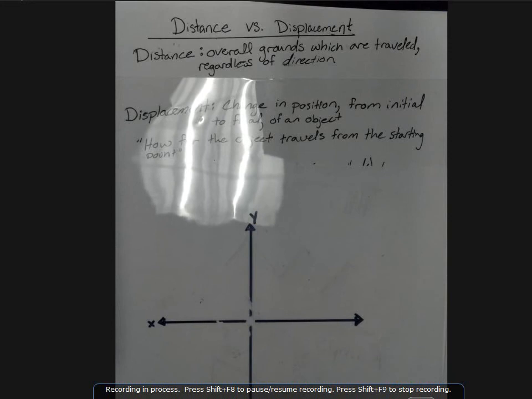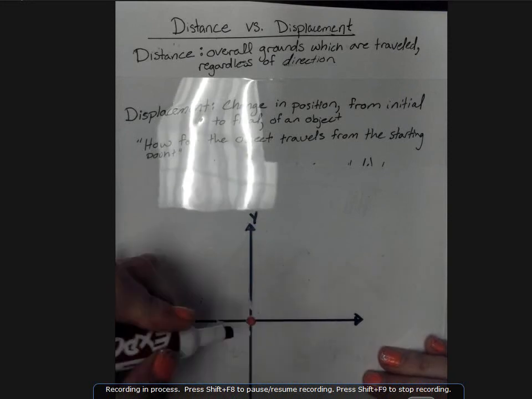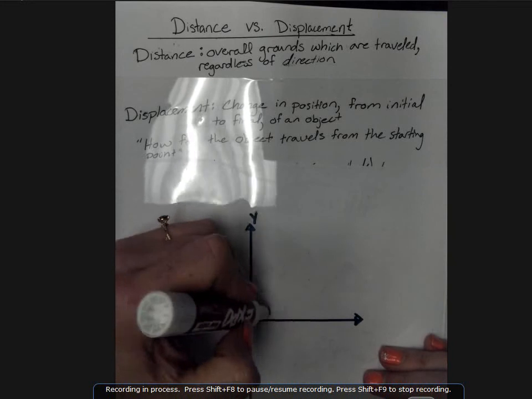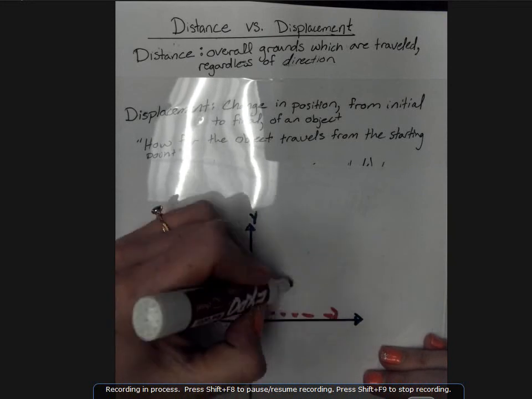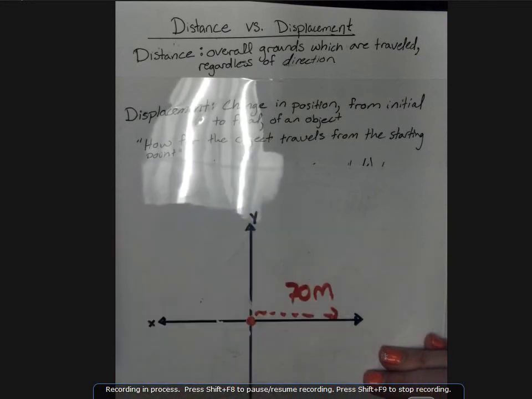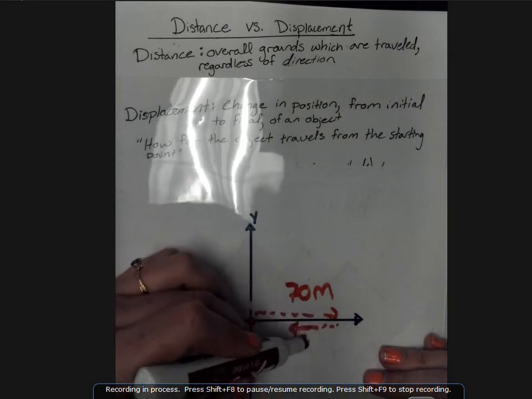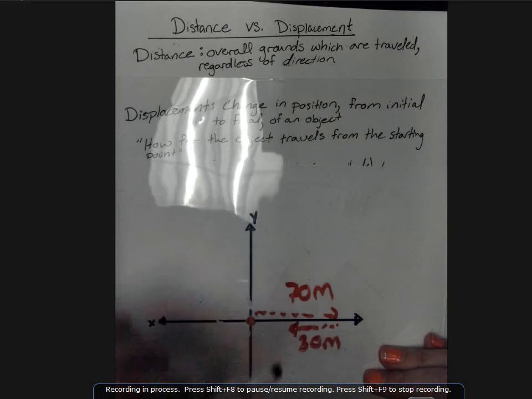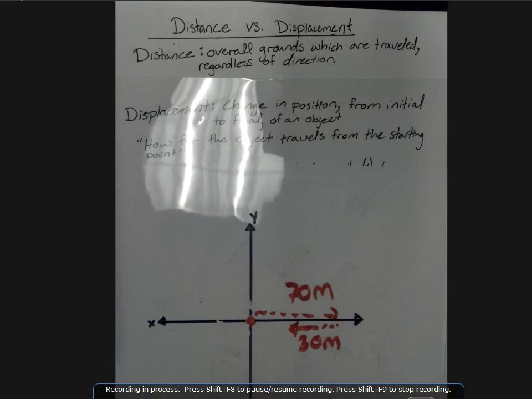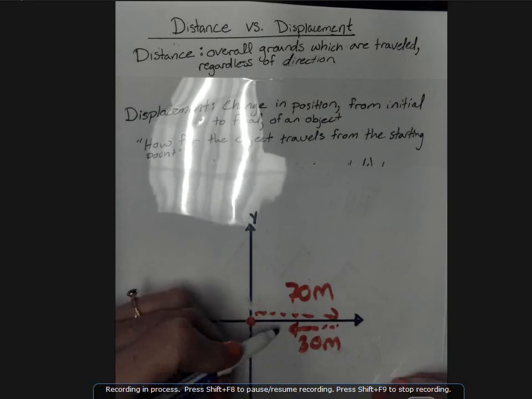All right, let's say you started here at 0. You travel 70 meters out this way, and then you travel 30 meters out this way. All right, it means that even though you went a total distance of 100 meters, your displacement is just how far from the origin that you are.